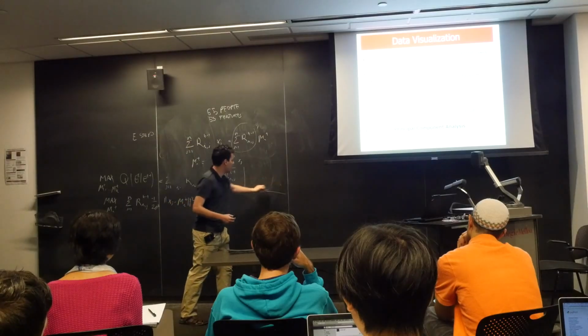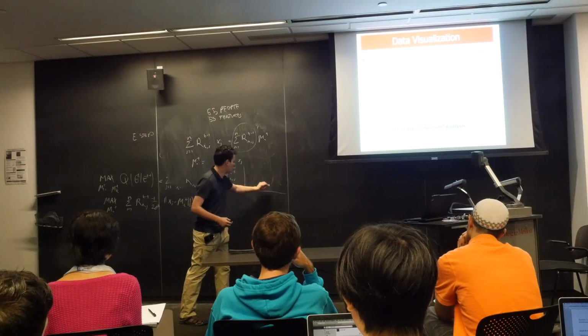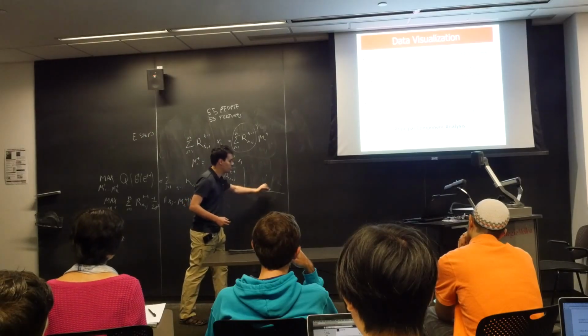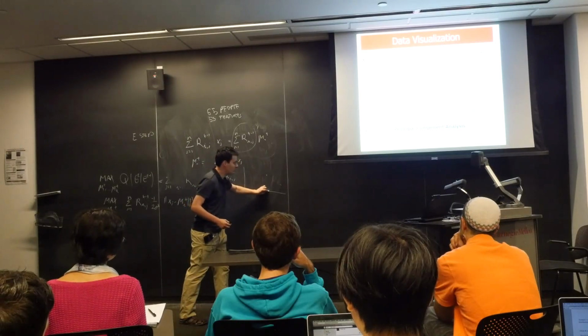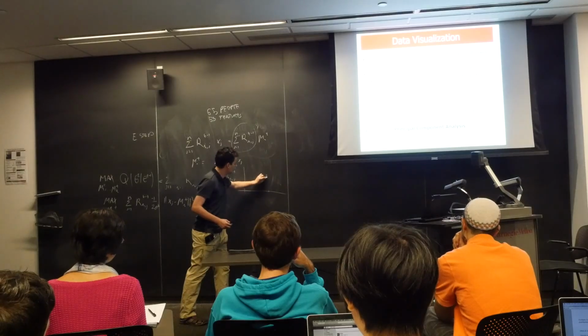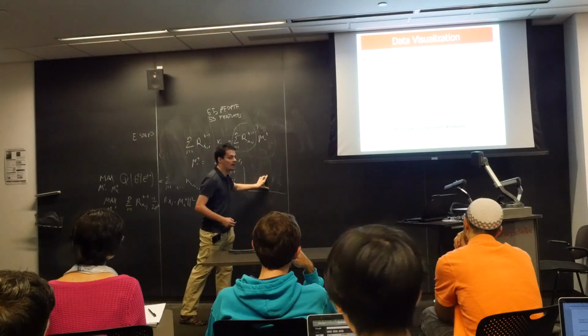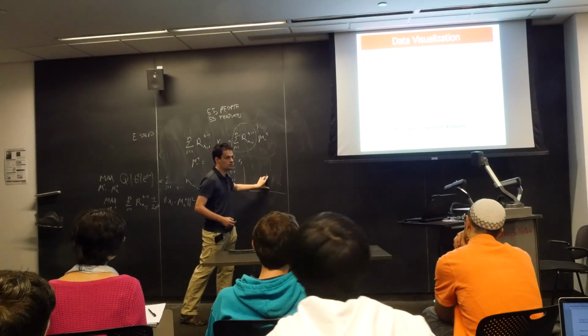For example, I'm in 2D and here is a data point. If I project to this axis, then this will be my projected data point, and this is the information that I lose. I want to minimize this lost information.